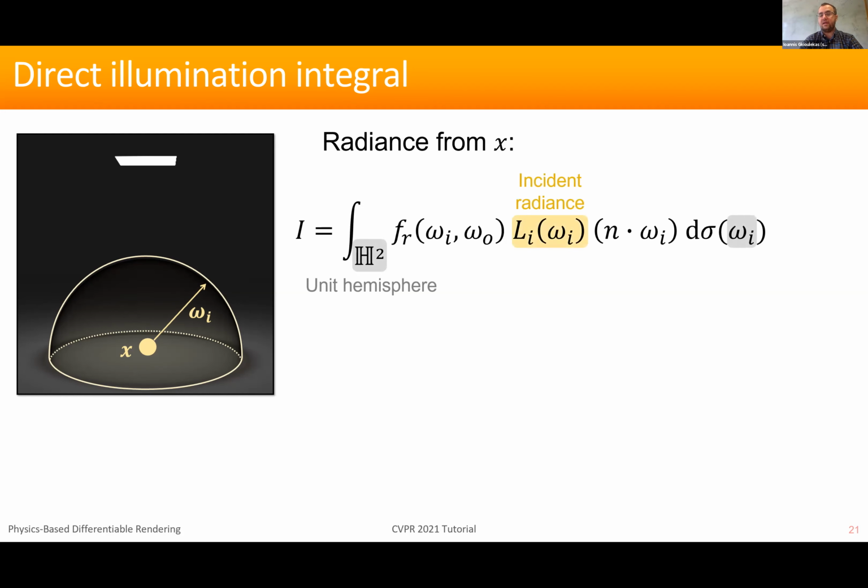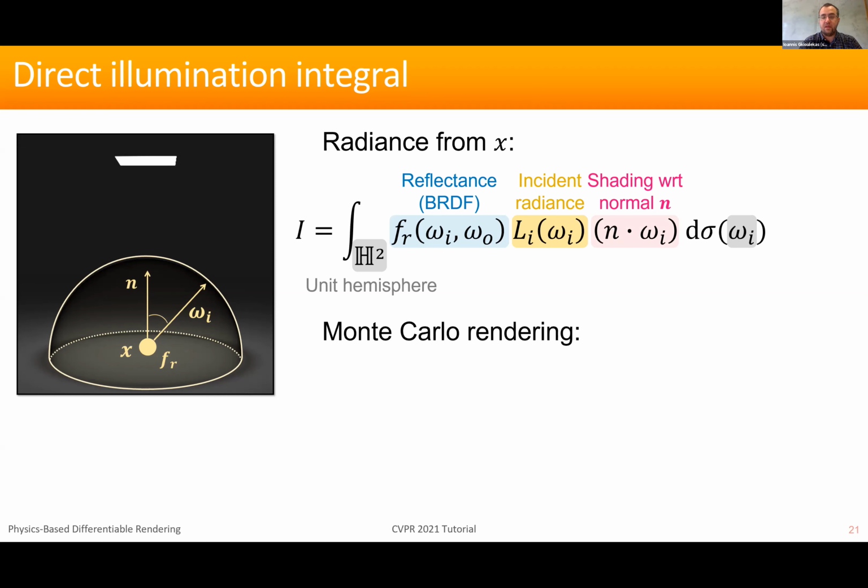And inside that integral, we are averaging incident radiance, light that this point is receiving from different light sources around the scene, weighted by the BRDF at this point, and also weighted by a foreshortening term that has to do with the angle relative to the normal at point X. So this is a standard equation, the reflection equation, sometimes in rendering after some modifications called the rendering equation, that hopefully most of the attendees should be familiar with, and it's one of the bases for physics-based vision and physics-based rendering.